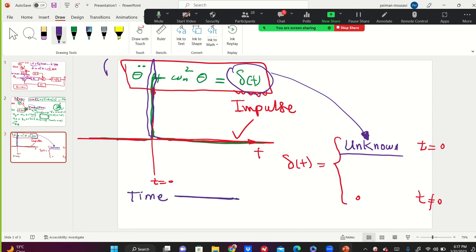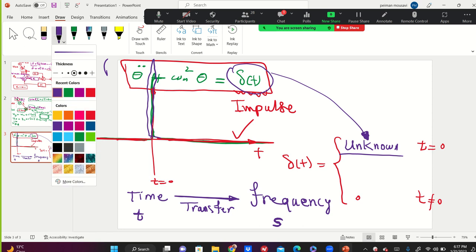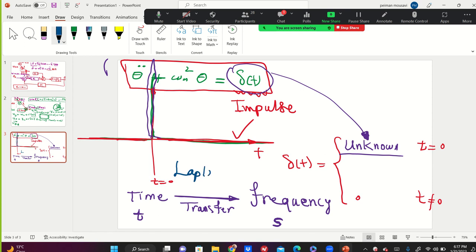We have to go on the bridge and transfer it to the frequency domain. From t, we go to the S domain. How do we do it? With what I'm exposing you to, the Laplace transform. Laplace transform.